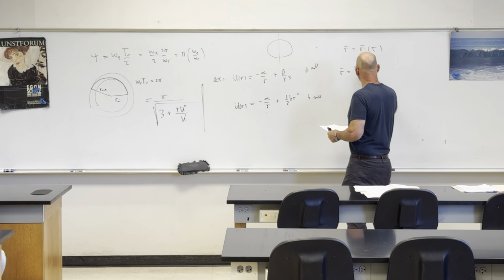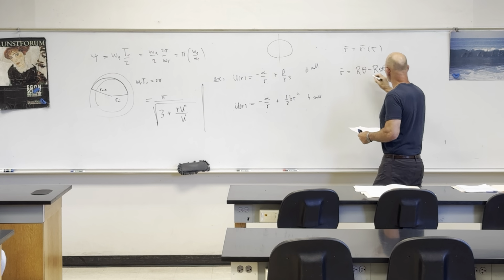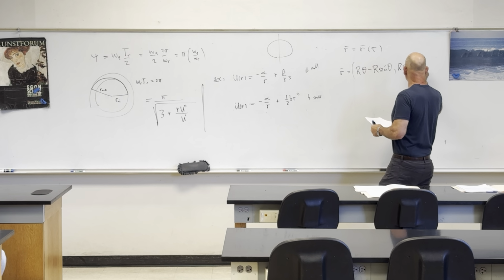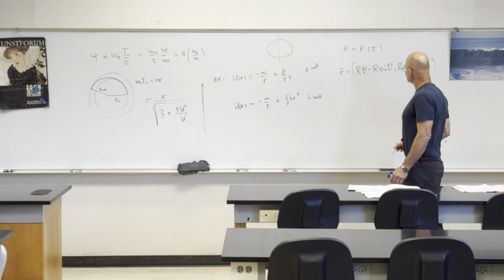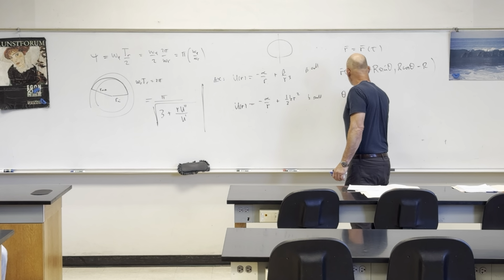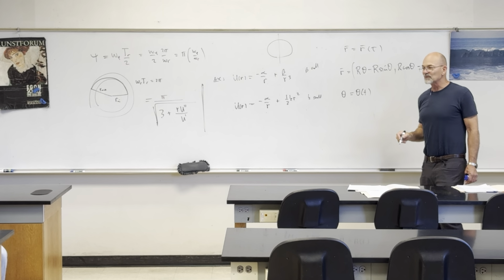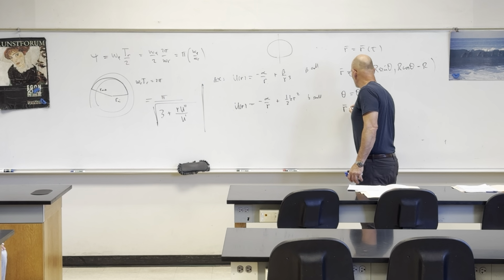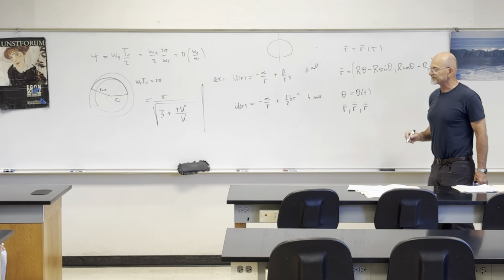So we have r theta minus r sine theta, r cos theta minus r, as a vector. And the point here is, if you want to have dynamics, all you have to say is theta equals theta of t, and then you just apply the chain rule. You can find r dot, the second derivative, etc.